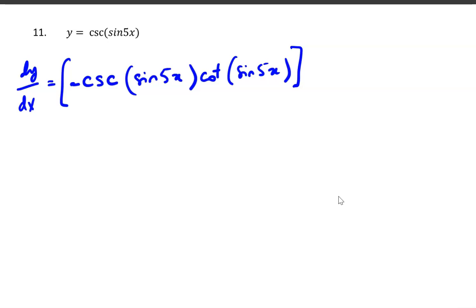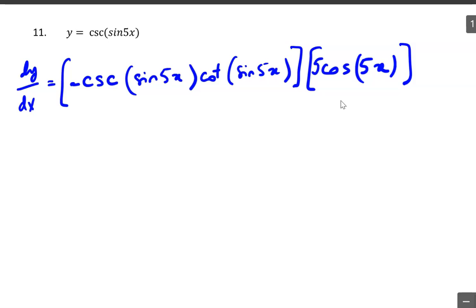Now you are going to take the derivative of sine of 5x and multiply with that. What is the derivative of sine of 5x? It's just cos of 5x. And this will have to be multiplied by the derivative of 5x, which is 5. So I will write the number 5 right there.